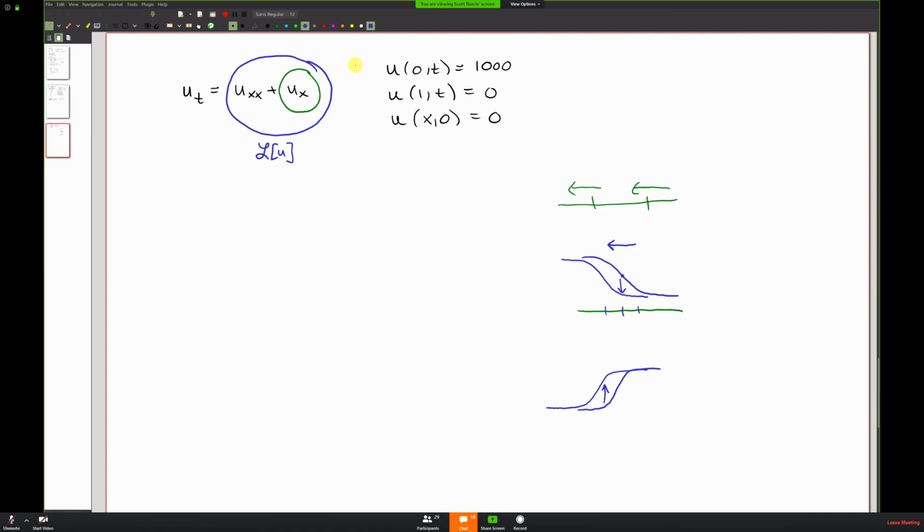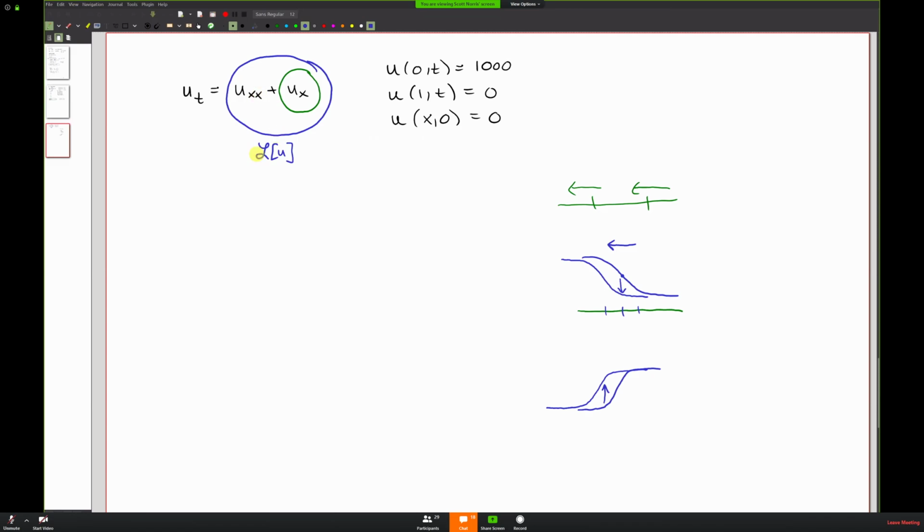If we want to solve this diffusion equation, this is actually called an advection diffusion equation. Advection refers to the phenomenon of heat moving because the medium that contains it is also moving. So the u_x term is called an advection term, not convection, but advection. And this term right here is called the diffusion term. So this is an advection diffusion equation.